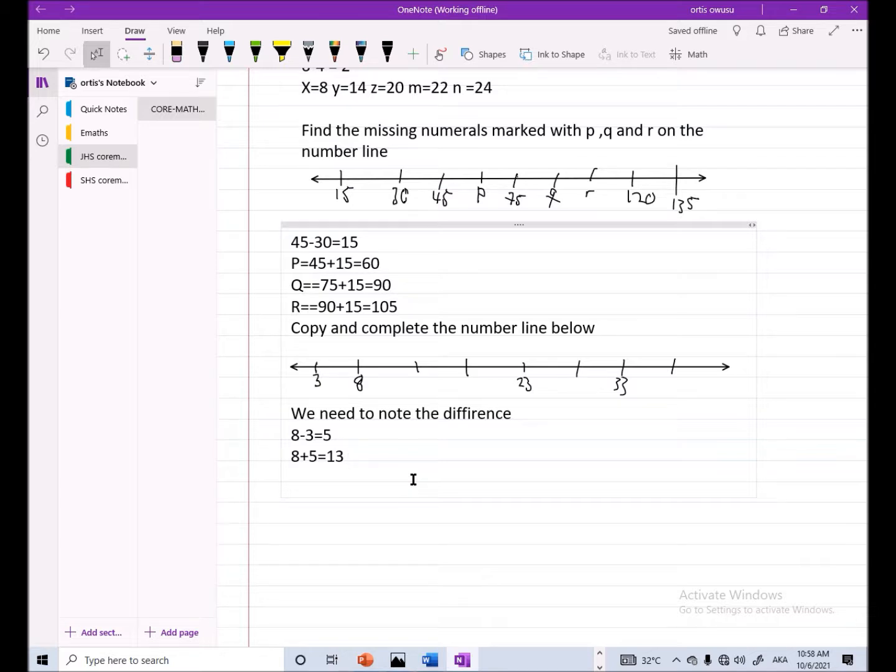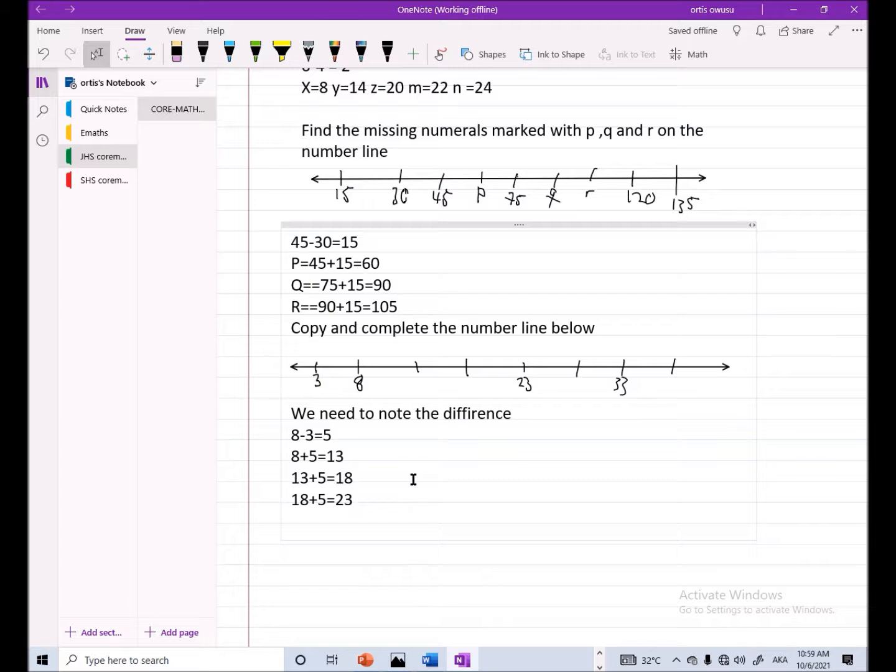Then I will do 13 plus 5, which will give me 18. So 18 plus 5 will give me 23.